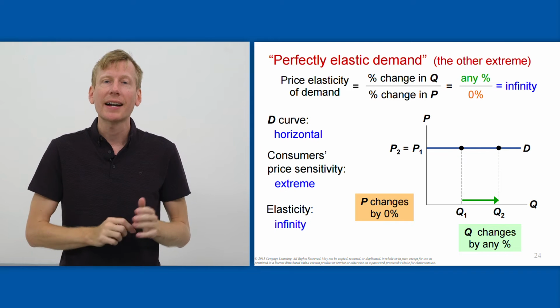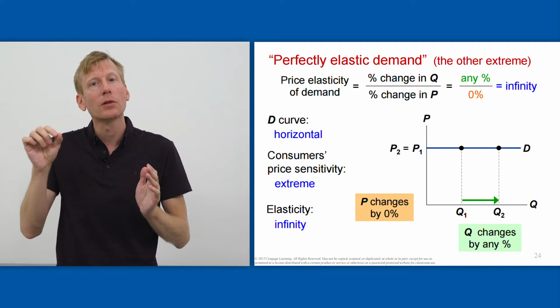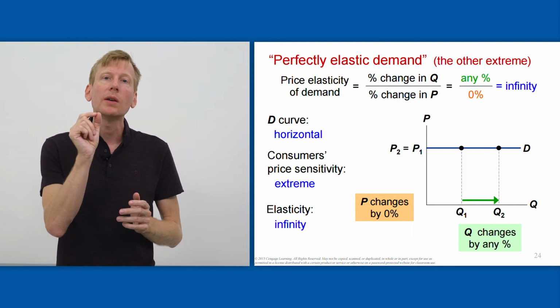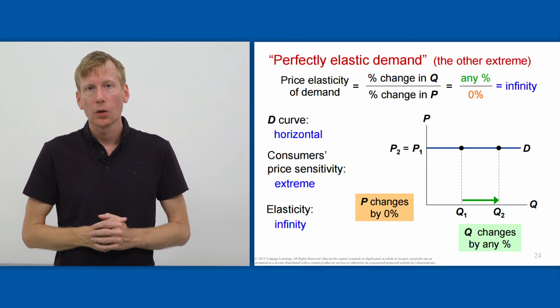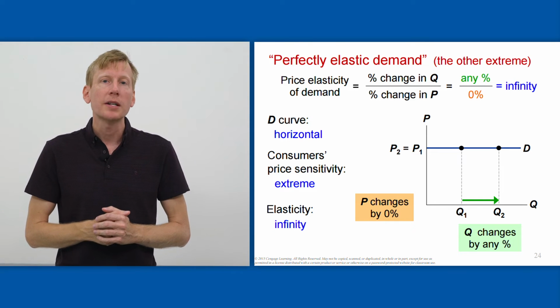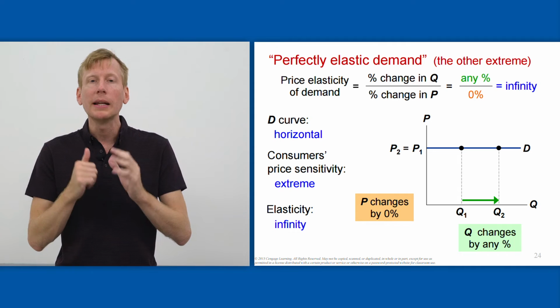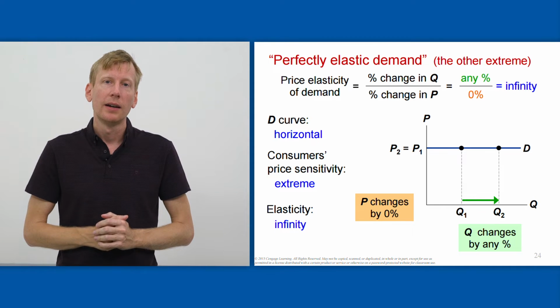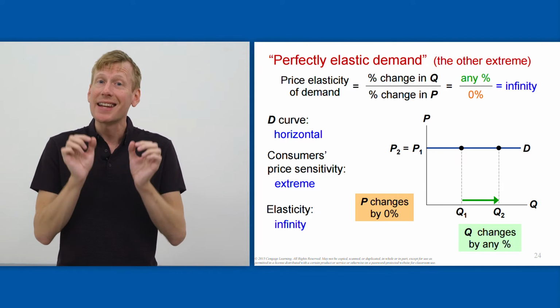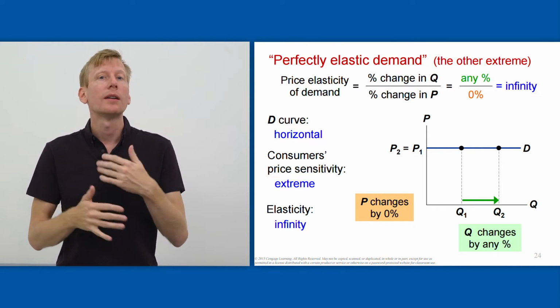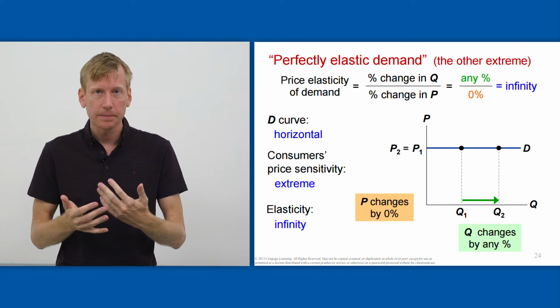So a horizontal line can take any potential quantity, but has only one price. What that means is if the price were to rise just a little bit above that price, quantity would immediately drop to 0.